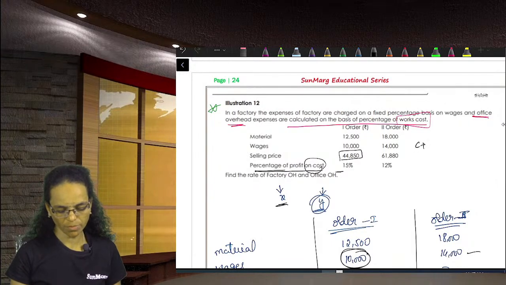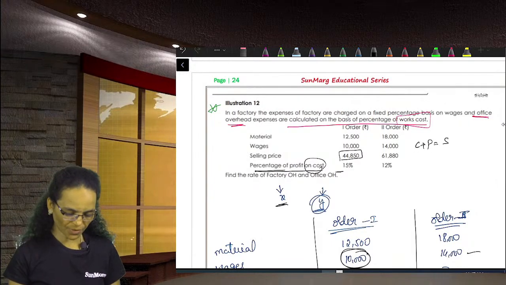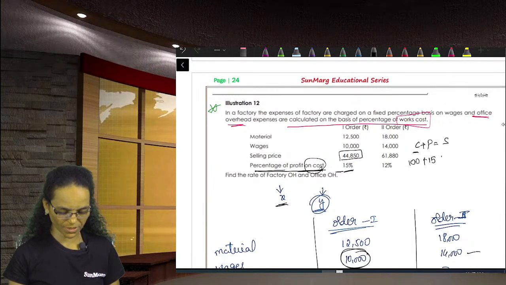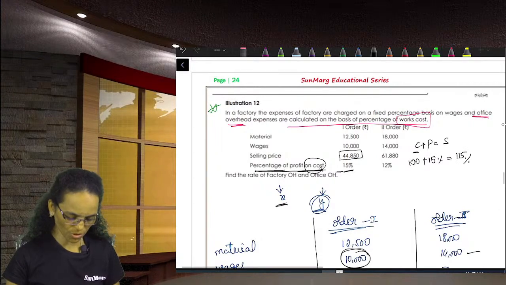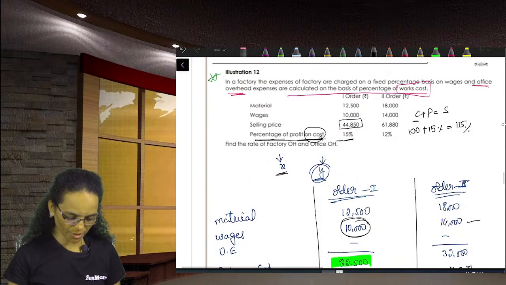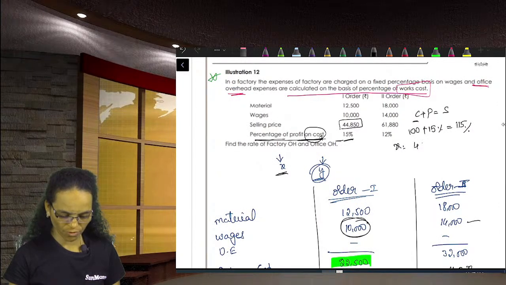We know cost plus profit is equal to selling price. Whatever is on cost is 100, plus profit percentage 15%, the selling price is 115%. So I can say cost will be how much for x? 4485 is representing 115%.